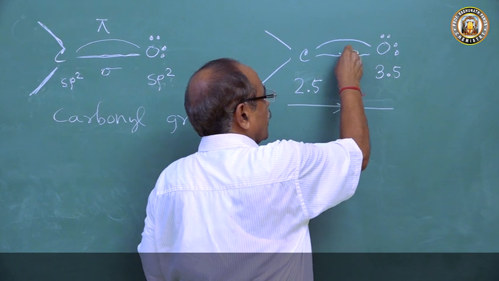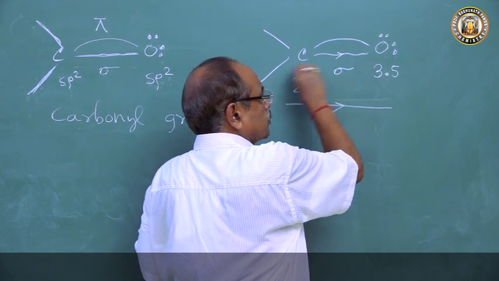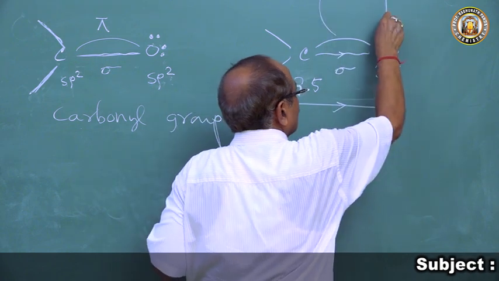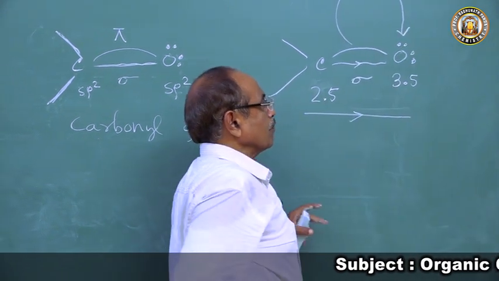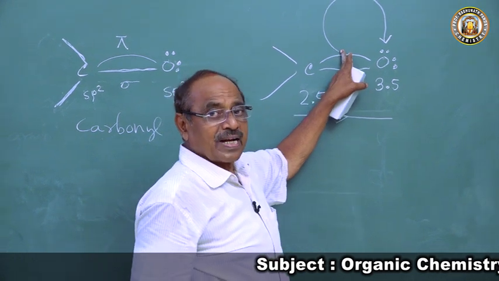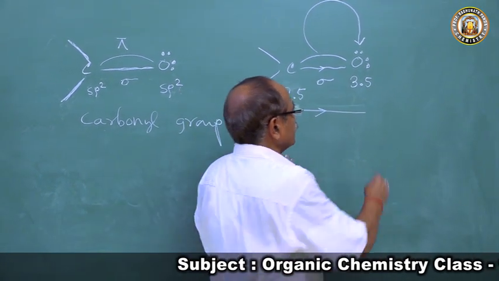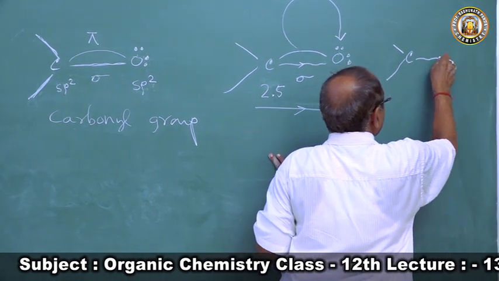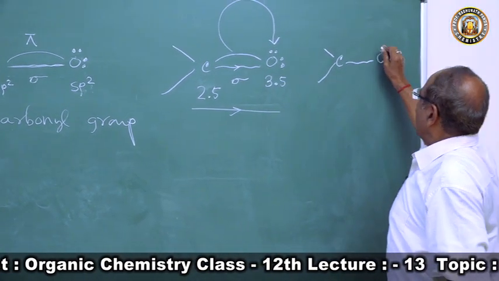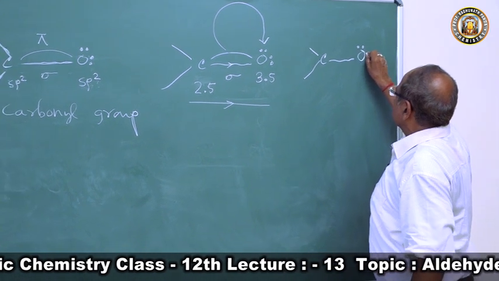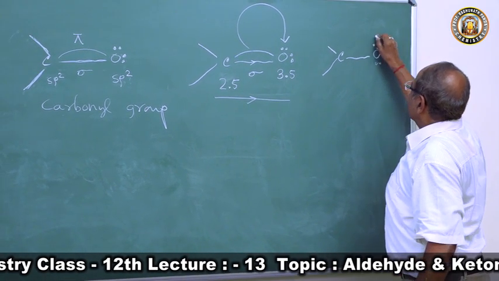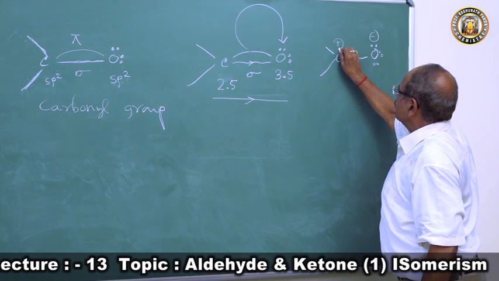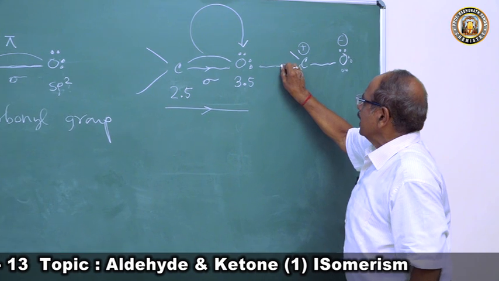So the electron cloud of the pi bond goes towards oxygen by the electromeric effect. Another possibility for the carbonyl group: we get a carbon atom and an oxygen atom, and the electron pair forming the pi electron cloud came to oxygen, hence a negative charge on oxygen and a positive charge on carbon.